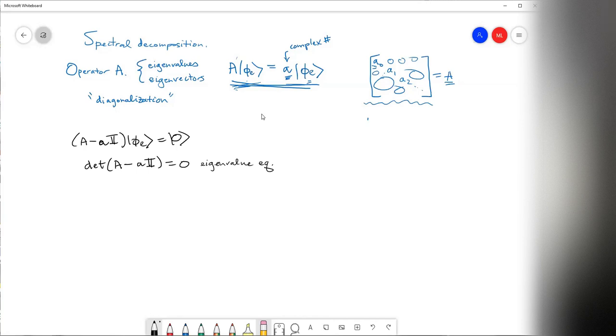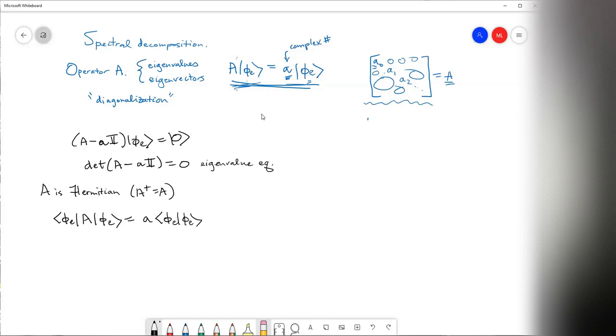So how about if A is Hermitian? This is where this idea of Hermitian really comes up. Remember, for us, A dagger is equal to A. If A is Hermitian, then imagine we take one of these eigenvectors and look at this inner product. By definition, A acting on phi E gives a, the eigenvalue, some number.